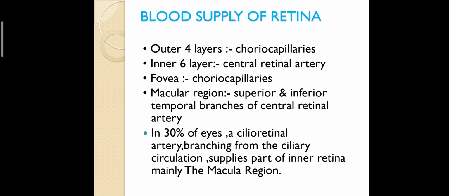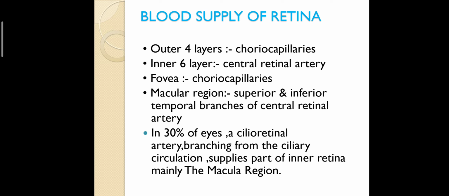And as you know, this macula is the most sensitive part of the eye. So if it is spared, if the papillomacular bundle is spared, there are relative chances of some visual acuity which can be left even if there is a central retinal artery occlusion.